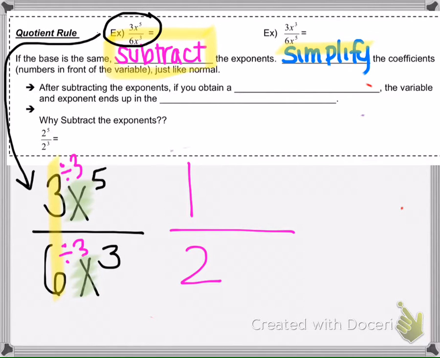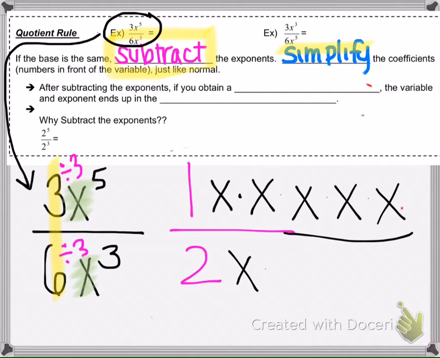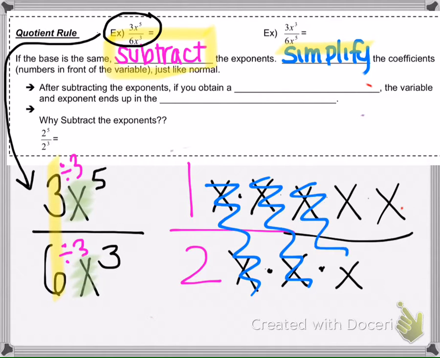Again I want to show, if we have 5 x's and then we have 3 down here, those would cancel and make 1, these would cancel and make 1, those would cancel and make 1. So you're left with x times x.